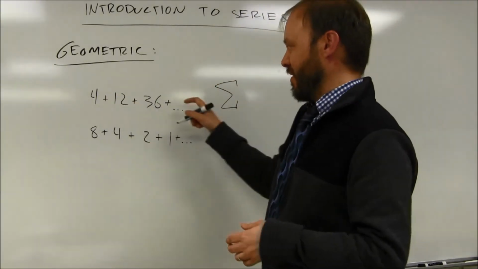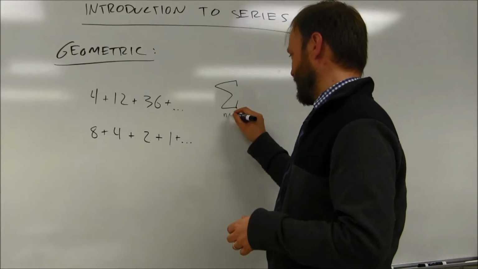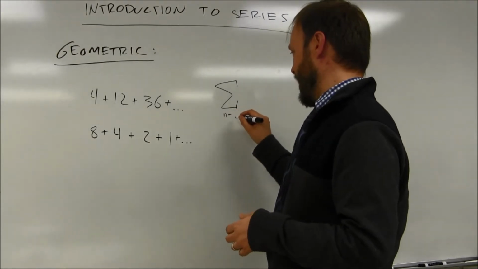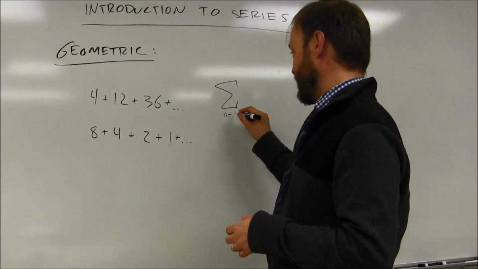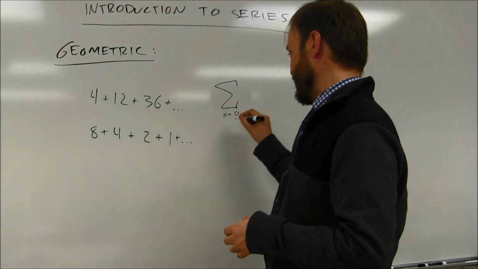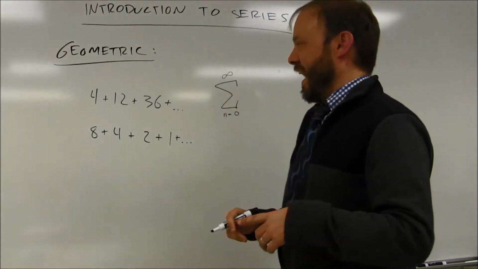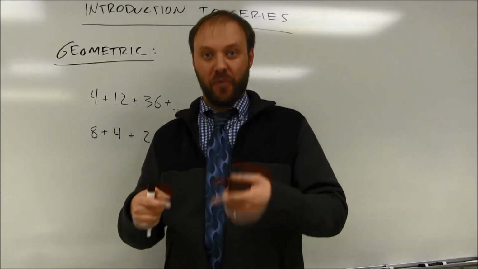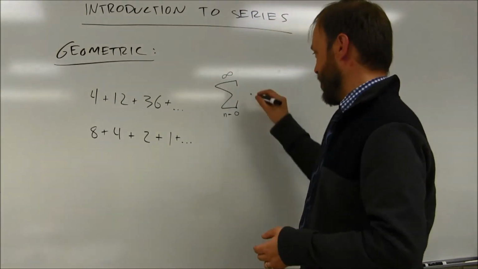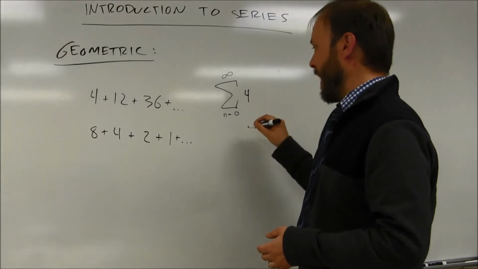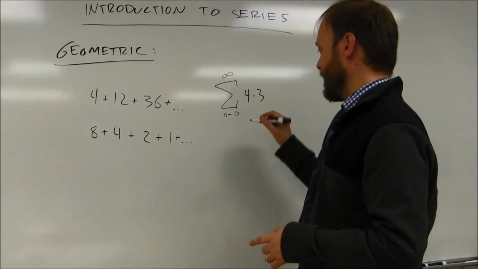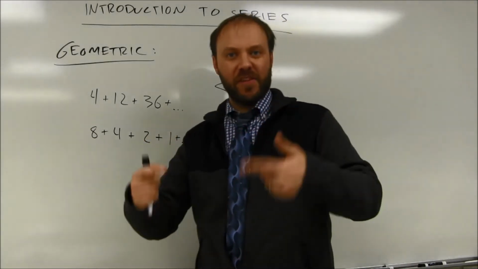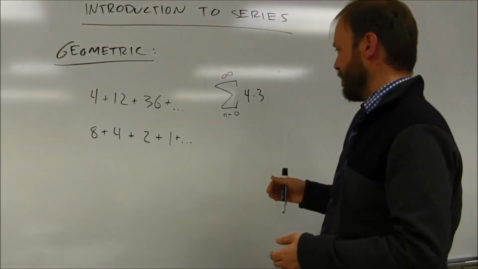So for example, if I was trying to represent this, maybe I could do n equals 0 to infinity. You're starting out with 4, and then you're multiplying by 3 each additional time. So you have 4 here, and it gets continuously multiplied by 3, so it's going to be 3 to a power.